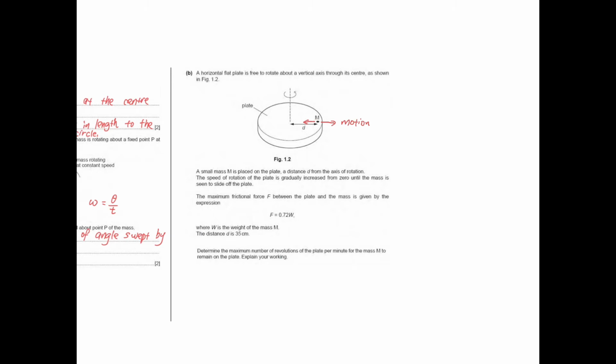So F equal to 0.72 W. W is the weight. So that's the value for the frictional force, where W is the weight of the mass m, and the distance d is 0.35 m, 35 cm.